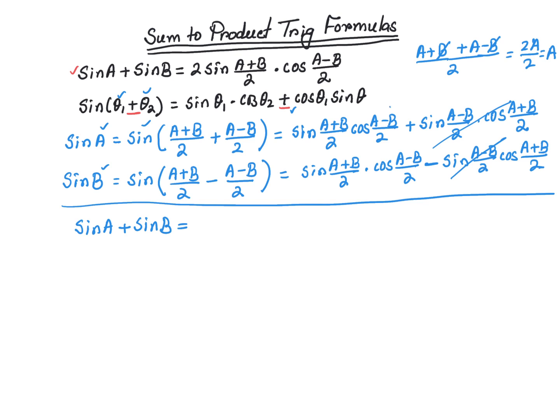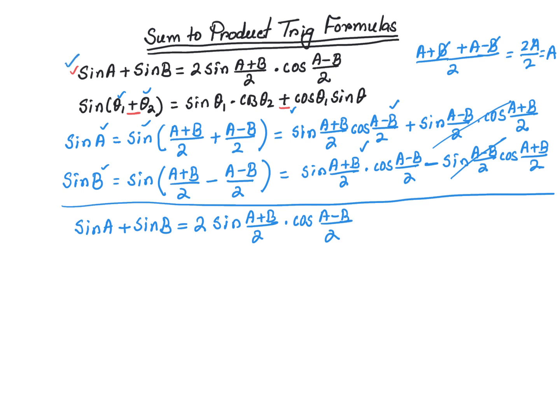That leaves me with this and this, which are the same thing, two of them, right? So it's going to be 2 times sine of (A plus B) divided by 2 times cosine of (A minus B) divided by 2. This is exactly this formula.